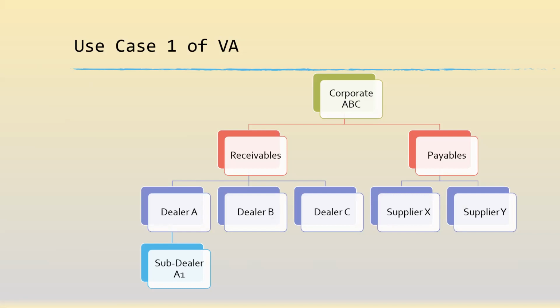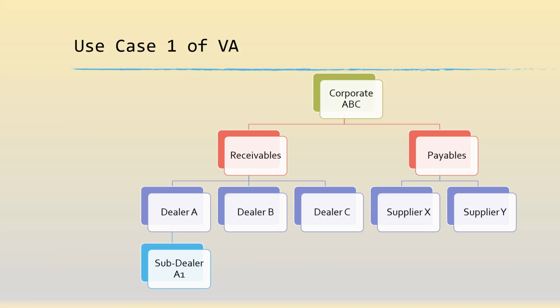Similarly, for payables, where it has to give funds to its vendors, for supplier X, I will have a virtual account. Similarly, another virtual account for supplier Y. And if you look at sub-dealer A1, it can have its own virtual account reporting to the virtual account of dealer A. So that means that I can have a hierarchy of virtual accounts.